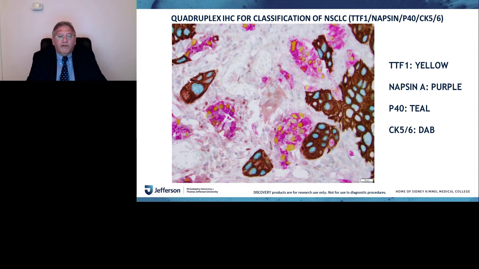When you have all 4 together, it's much easier for you to identify exactly where the mixed tumor is present. So this was a quadruple multiplex for identification of non-small cell lung carcinoma.